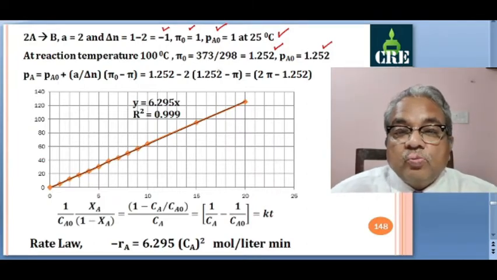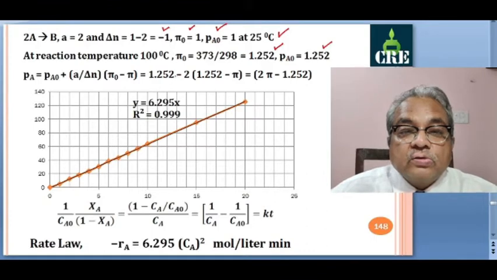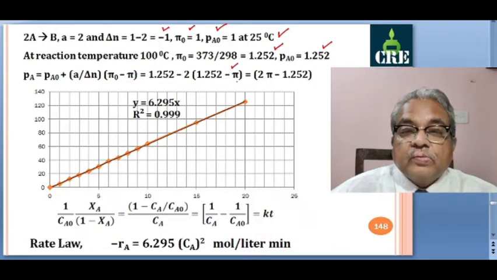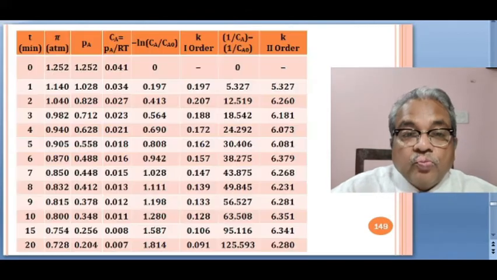So Pa0 is 1.252, plus, with A by delta N being 2 by minus 1, that is minus 2, times pi 0, which is 1.252, minus pi. Pi is the value given with respect to time in the data. If you simplify this, you get 2 pi minus 1.252. That means you have an equation to calculate this Pa as 2 pi minus 1.252.